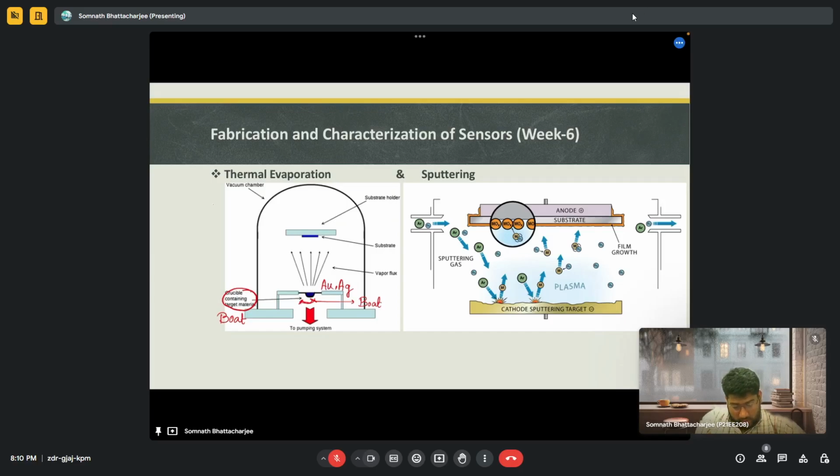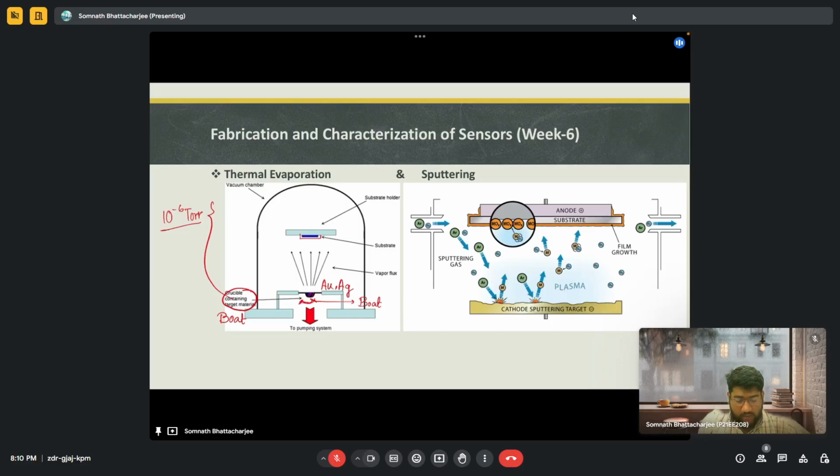This is all working at around 10 to the power minus 6 torr pressure, so it is a very high vacuum. By heating this material, the material shoots directly upward, and there's a substrate holder which contains our substrate. There's a deposition of this gold or silver on top of it.